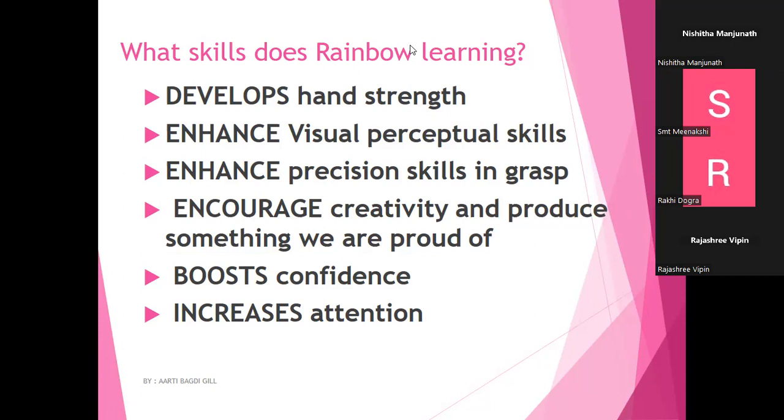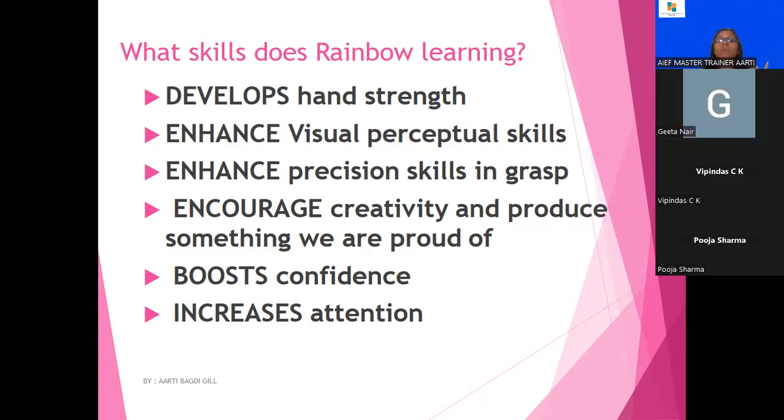If ma'am is making a white color cloud on the board, is it possible the child can make it blue or black as well? Yes, it is the perception of the child, right? So we are actually enhancing the perceptual skills of the child.